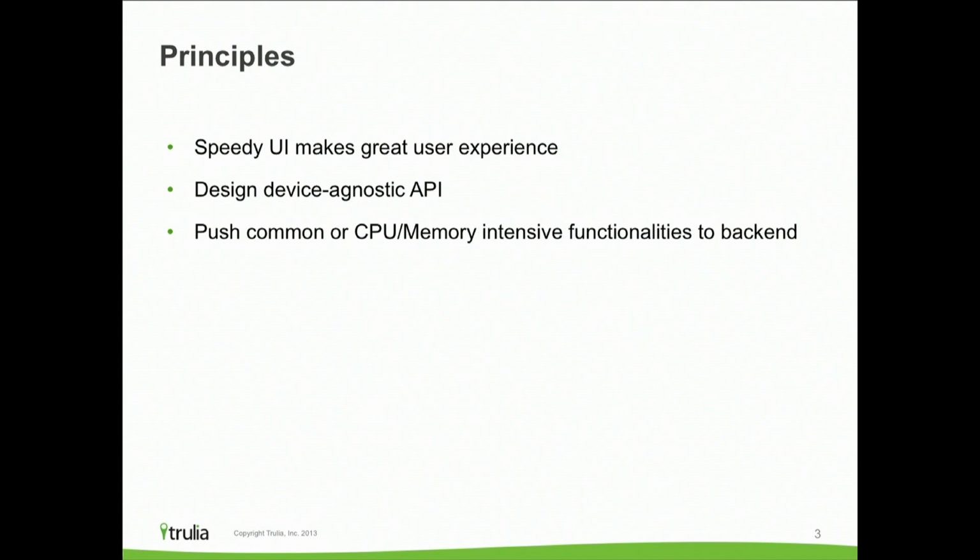So at Trulia, we understand that a great user experience is key to an awesome app. And a responsive UI keeps our users engaged. I'll share a couple techniques later on how to really speed up the map interactions. Another principle that we have followed is we designed our backend API, web service API, to be completely device agnostic. So all our apps speak the same JSON format with our backend services.